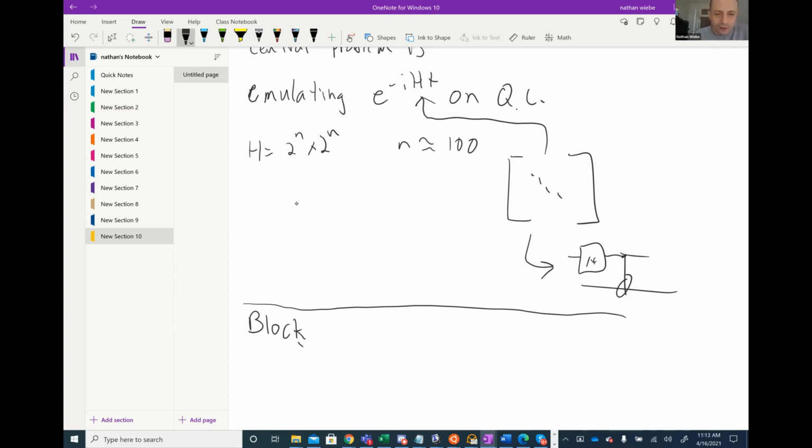And this idea is known as a block encoding. I apologize, the way that this tutorial is going to go at this point is a little bit roundabout. I'm going to talk about how you can block encode non-unitary operations and apply them on a quantum computer. And then I'm going to show how we can use this in order to implement e to the minus iHt in an indirect way.